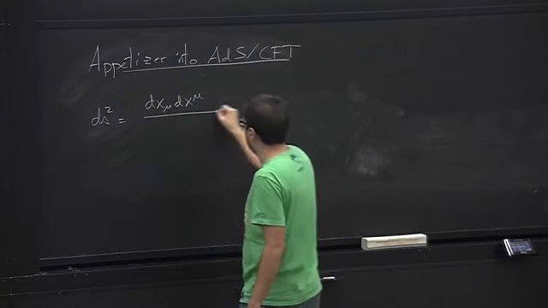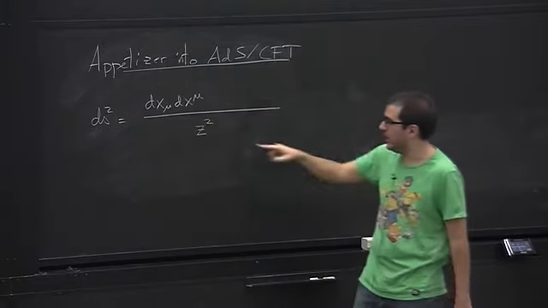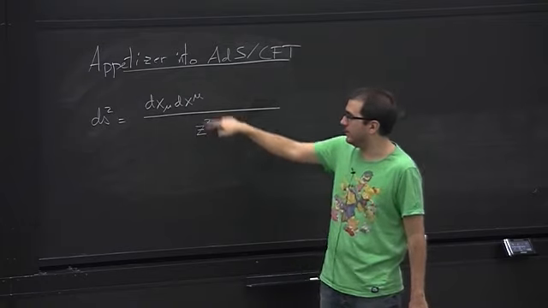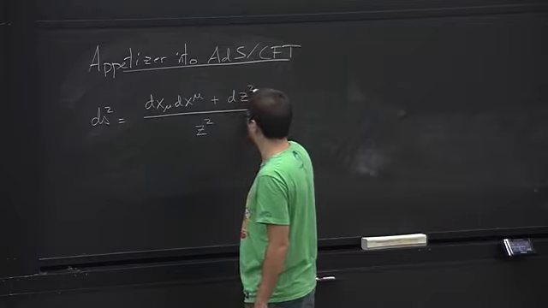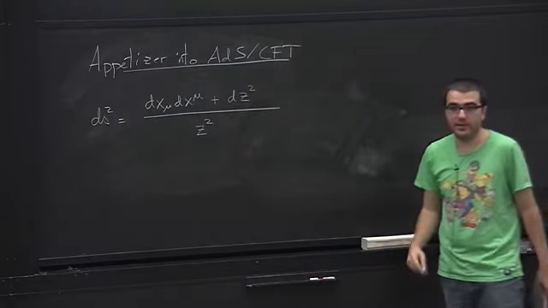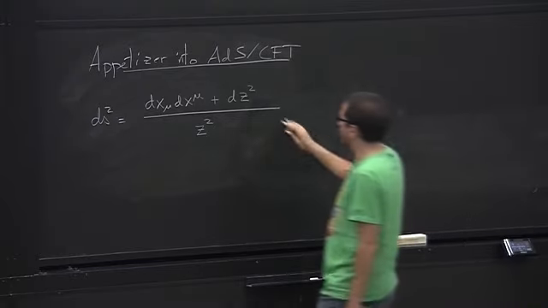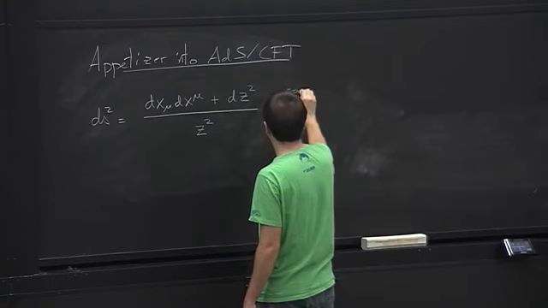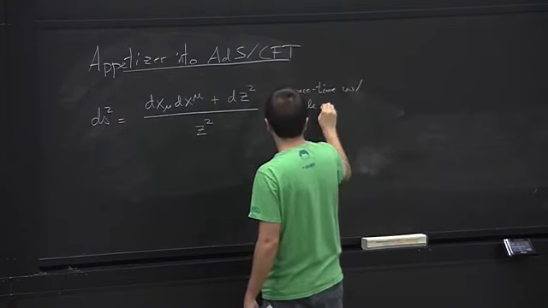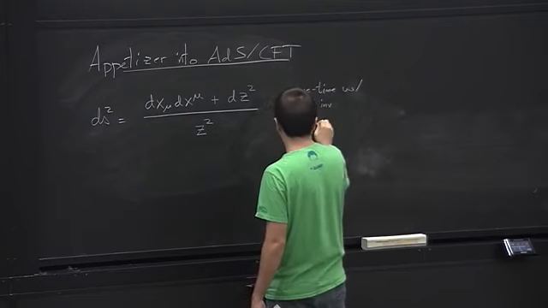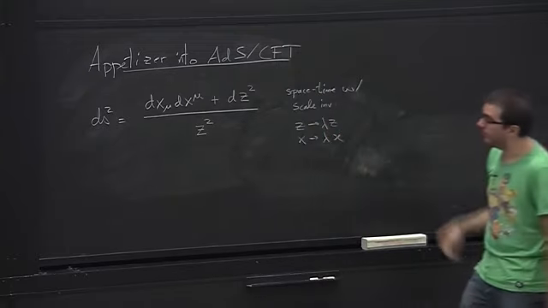Well, I could introduce another coordinate z squared that also scales, such that under dilatation I scale x and I scale z, and this is invariant. Of course, if I introduce a new coordinate, now I'm describing a spacetime with one more dimension, and I must do something with it. If I want to preserve scaling invariance, this is what I should write. So this is a spacetime with scale invariance. z goes to lambda z and x goes to lambda x is a symmetry of this spacetime.